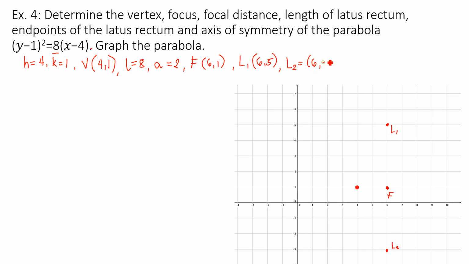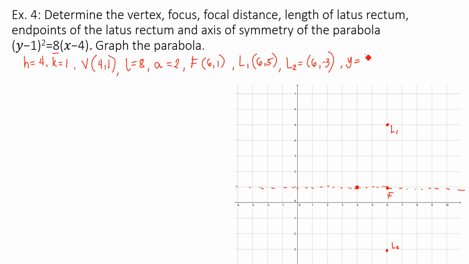Now, then we have, of course, the axis of symmetry that passes through the focus and the vertex. So this line. We have our axis of symmetry equal to y equals 1.